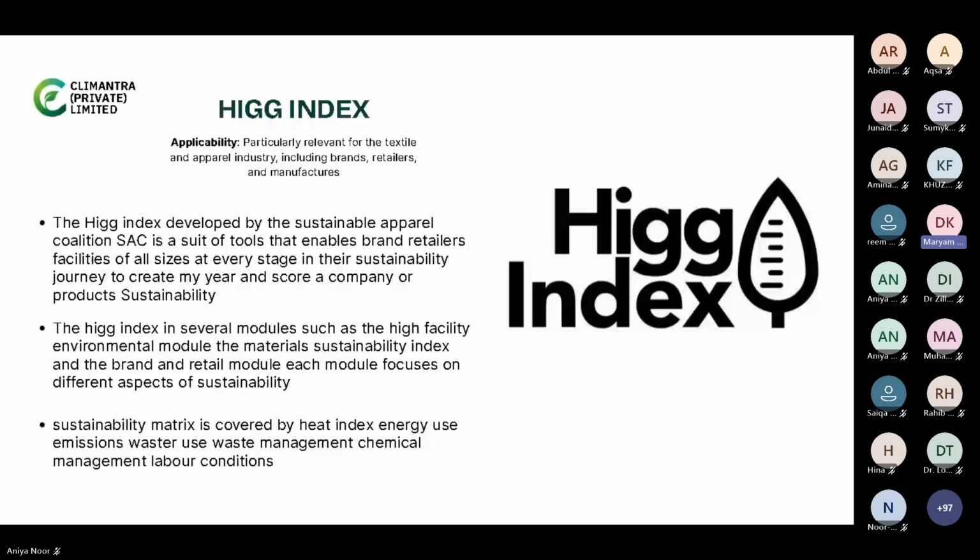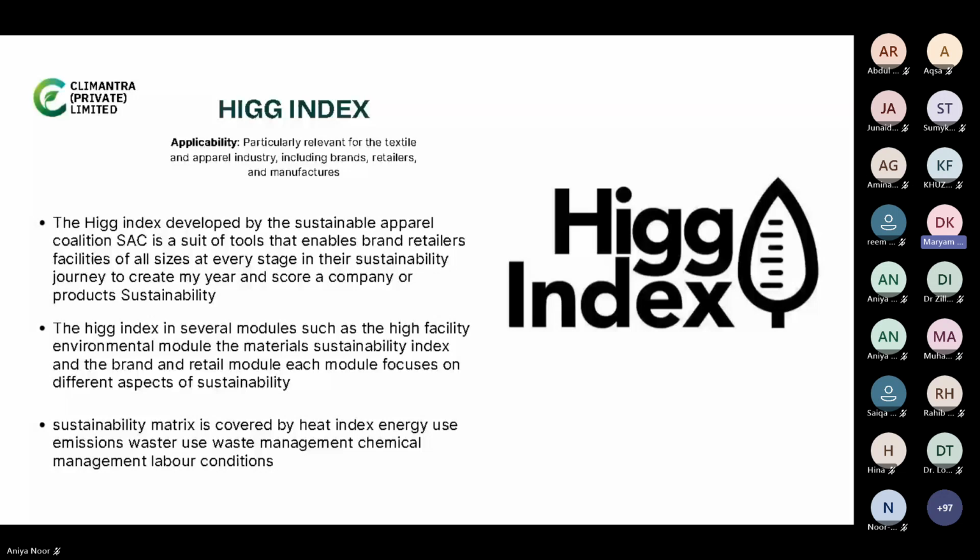Many of you have already worked in this sector, so you know about the Higg Index also. This index is basically for sustainable apparel, and this is for the apparel sector only.